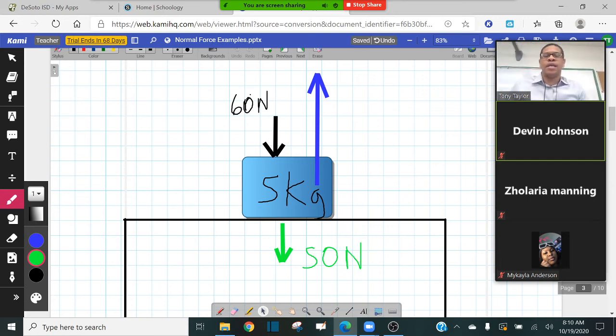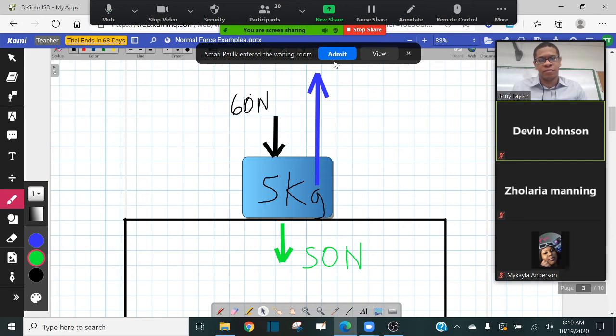Now, guys, here's the tricky part. What is the magnitude of this normal force here? How large is this normal force pushing up on this surface? Anybody got an idea? I'm going to tell you right now, if the block is not moving, all of your up forces should balance all of your down forces.